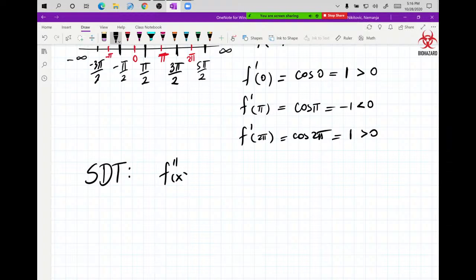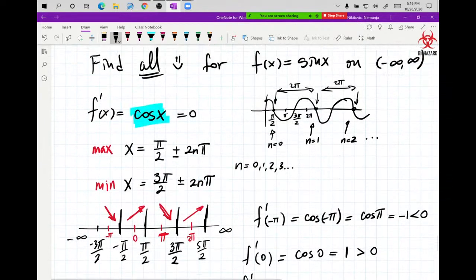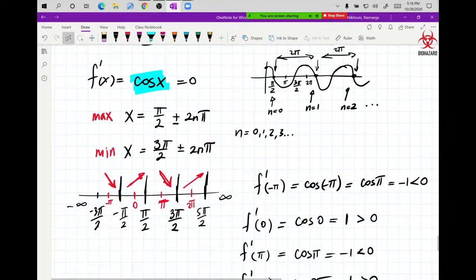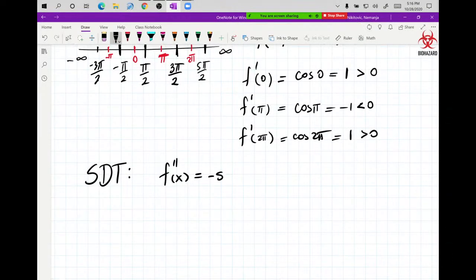Second derivative is, our first derivative was cosine x. The derivative of cosine is negative sine, so that's going to be negative sine x. We will be using that one to compute things. And now negative sine x equal to 0. That happens at every n pi, because this is a negative sine x, which means it's going to go down and up and down and up instead of up and down, up and down.